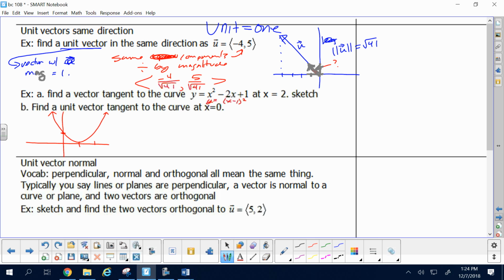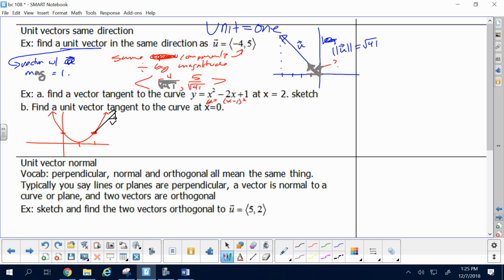At 2 is this point right here, and here is the vector. I guess I'll call it v. It doesn't say how long it has to be, so I'm not going to sweat that. I will let it be however long it wants.